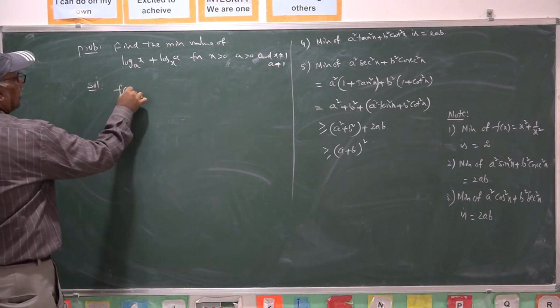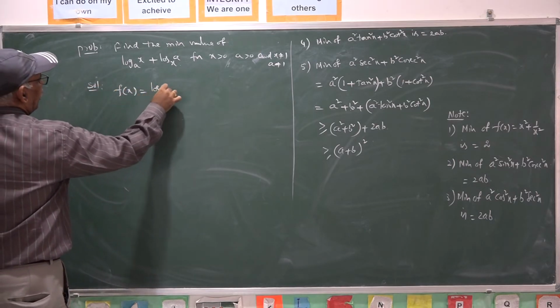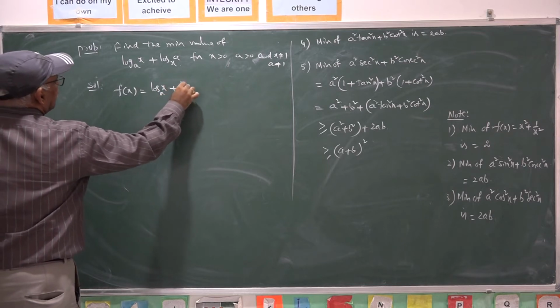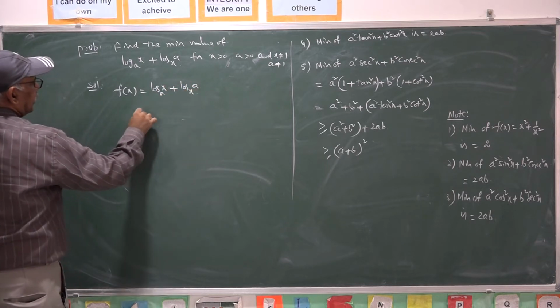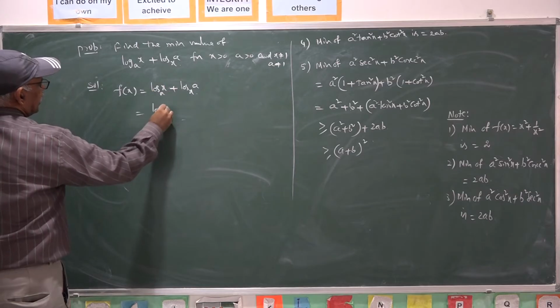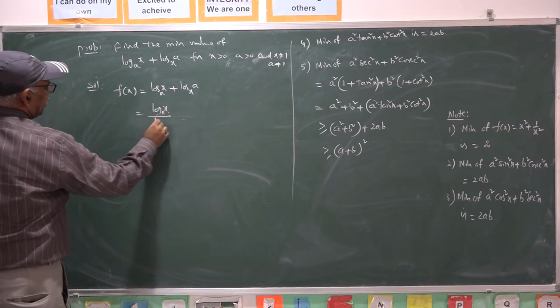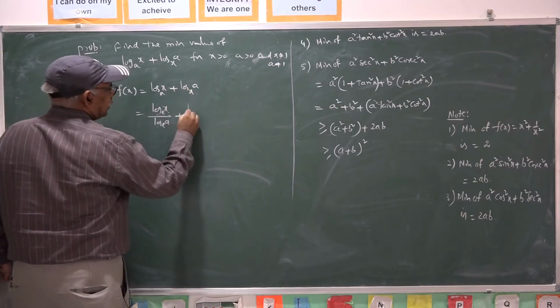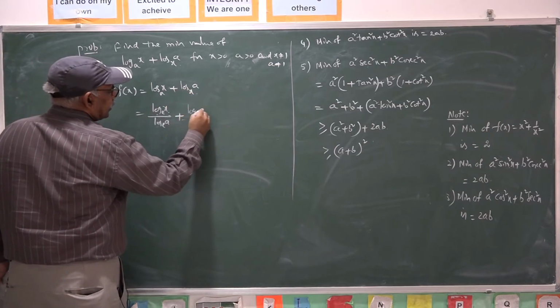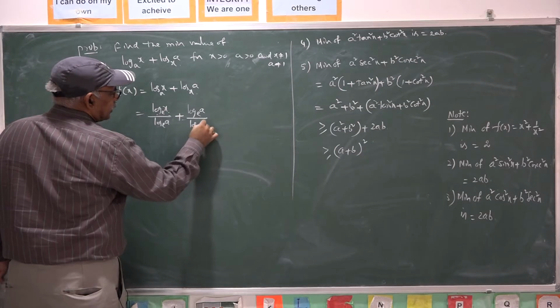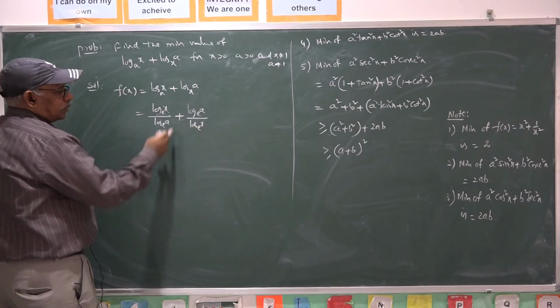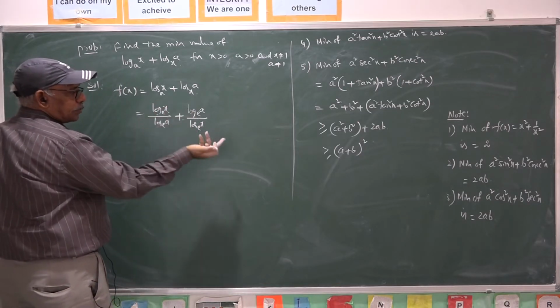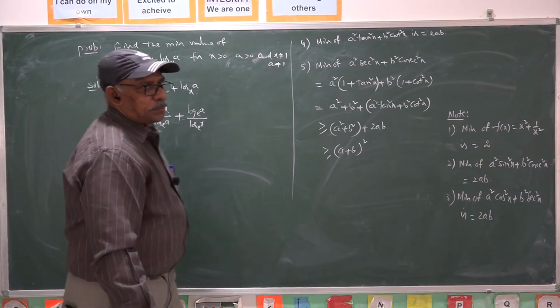Here f(x) equal to log x to the base a plus log a to the base x. Log x to the base a is log x to the base e by log a to the base e, plus this is log a to the base e by log x to the base e. If this is x, this is 1 by x clearly. Both are positive.